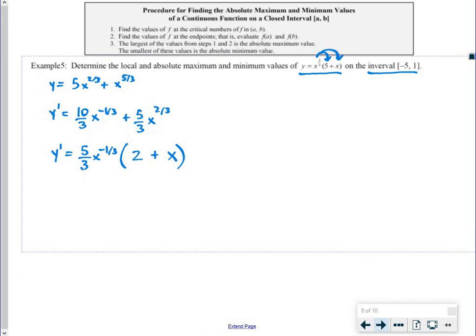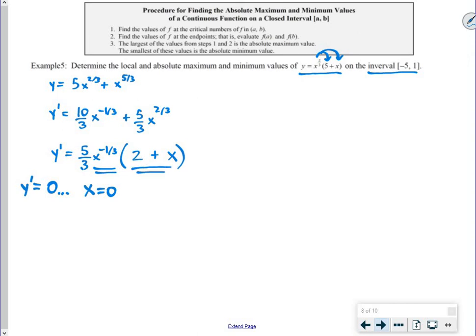Okay, alright, so interesting points will be when the derivative is 0, right? That'll happen when x is 0 from that term, right? Well, I guess that thing's staying there. And from this, when x is -2.